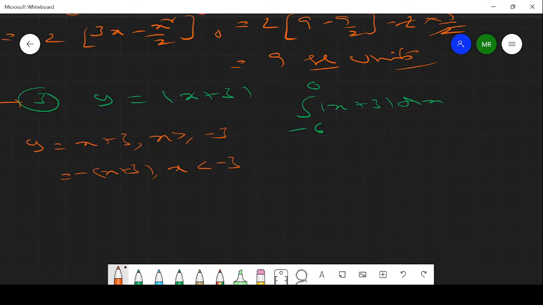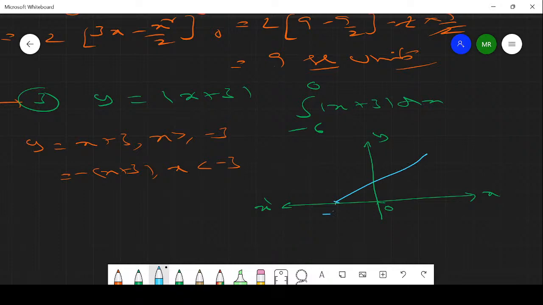Now I can draw this. This is the y axis, now the x axis, x dash x. Think of this as the origin. Now the graph for x greater than or equal to minus 3: the graph will go like this.